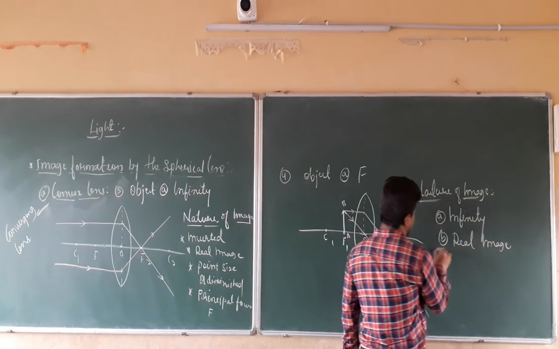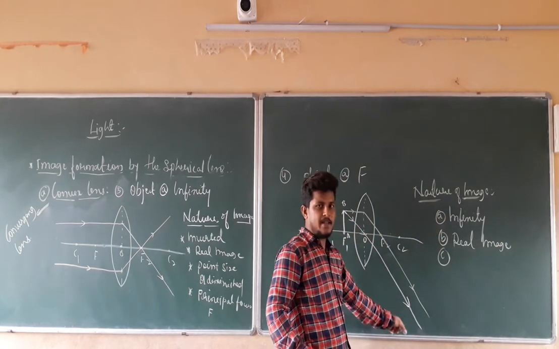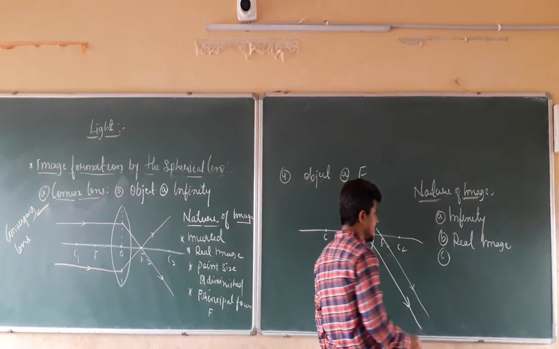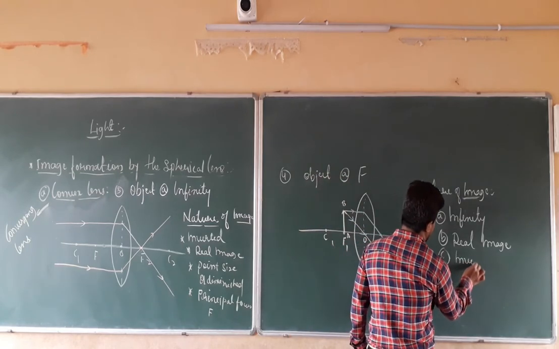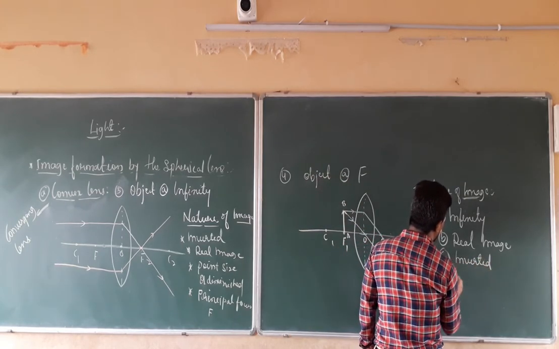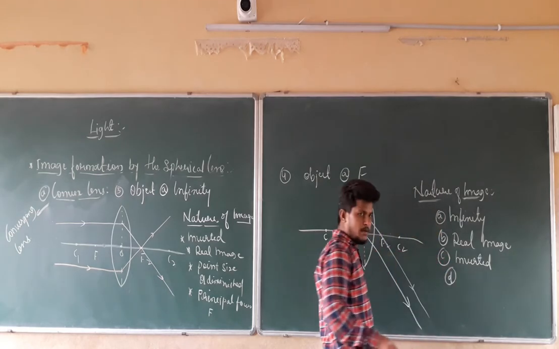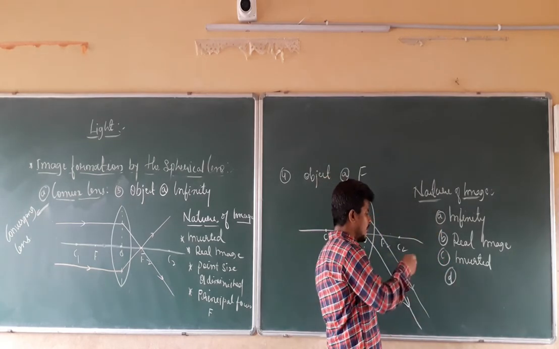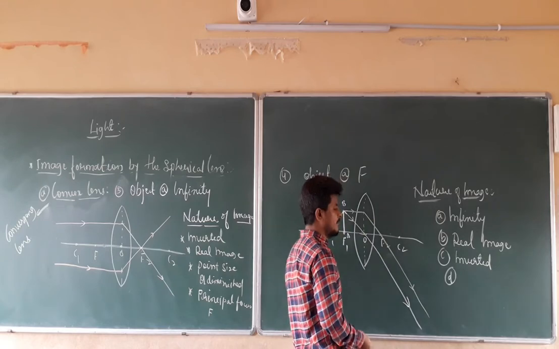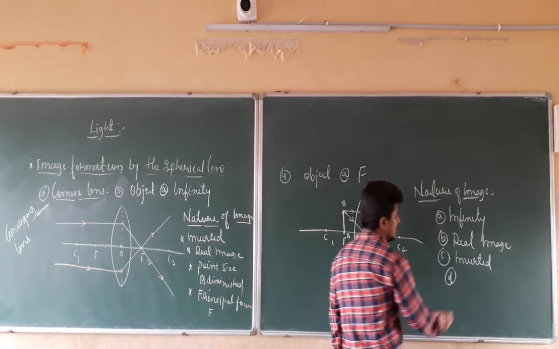Third, if the image is a real image, then the image will be inverted. Fourth, if the image is inverted and forming at infinity, then the size of the image will be very large.